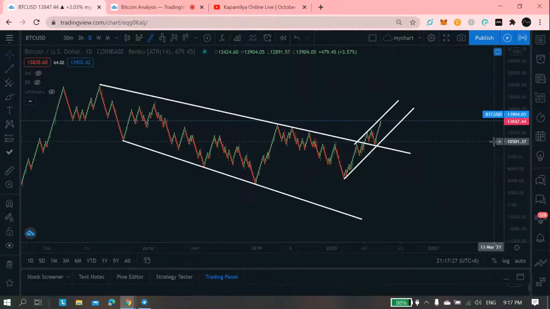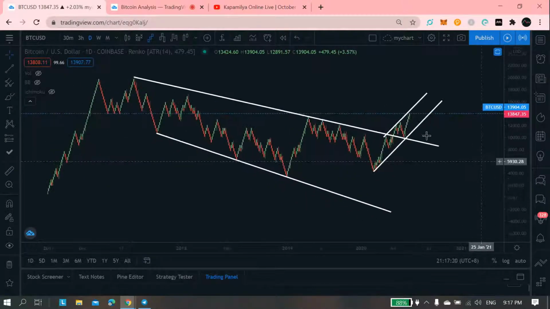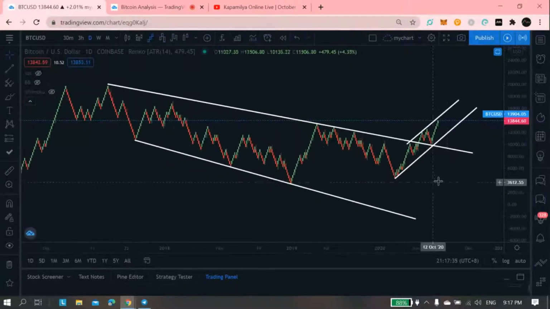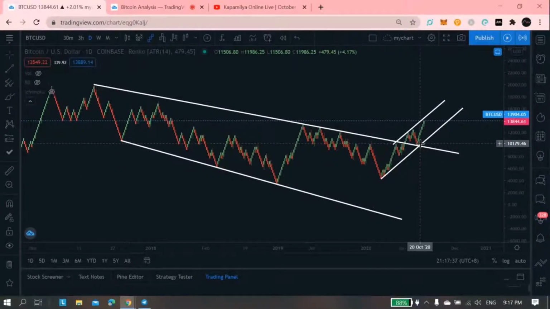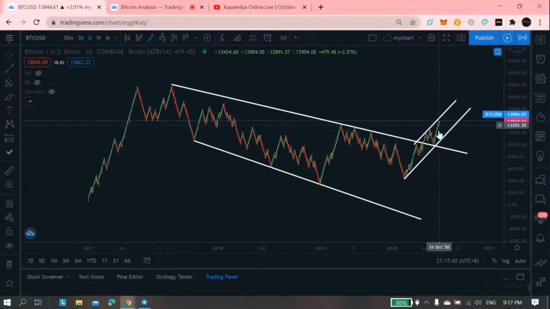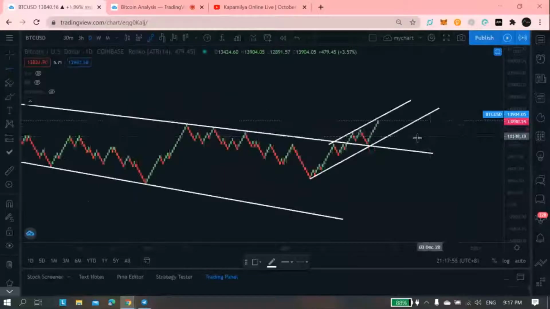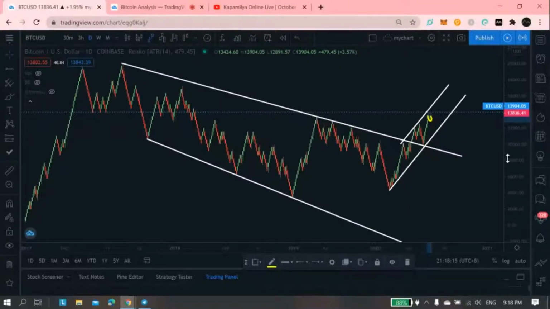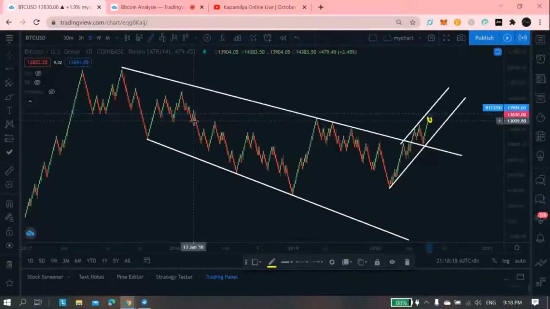Looking at the Renko chart, it's actually near the resistance area. However, despite the pullback, it is still within this uptrend channel. A bearish Renko bar is forming. My immediate resistance is, of course, the next Renko bar, because each Renko bar can be used as support and resistance.